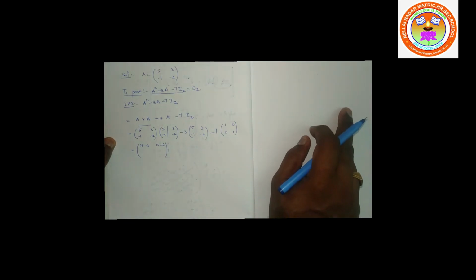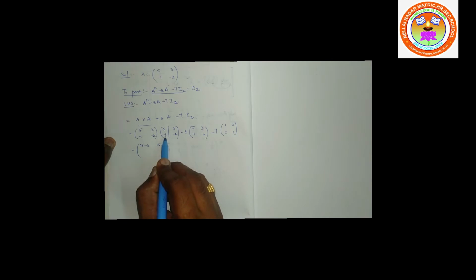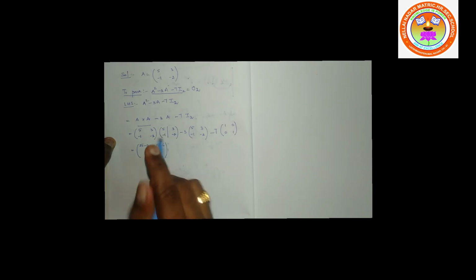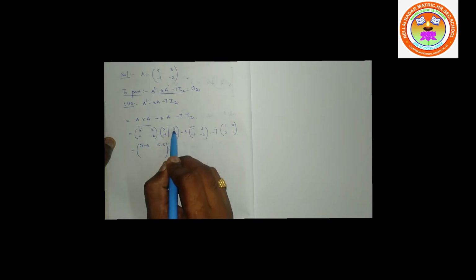I will tell you once again, listen carefully. This row multiplies with this column. This is the first matrix, this is the second matrix. The first matrix's first row is multiplied with the second matrix's first column. The same first row is multiplied with the second matrix's second column.